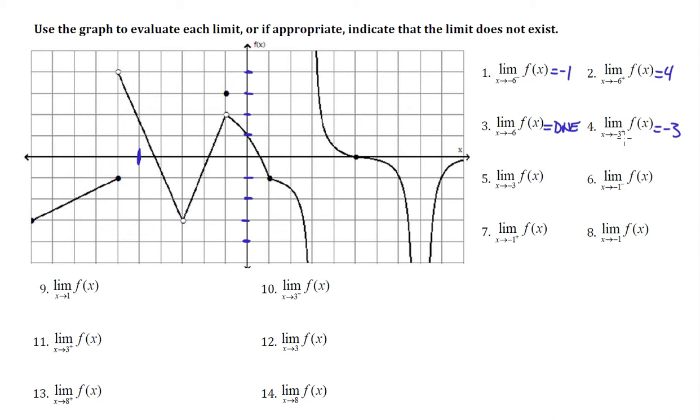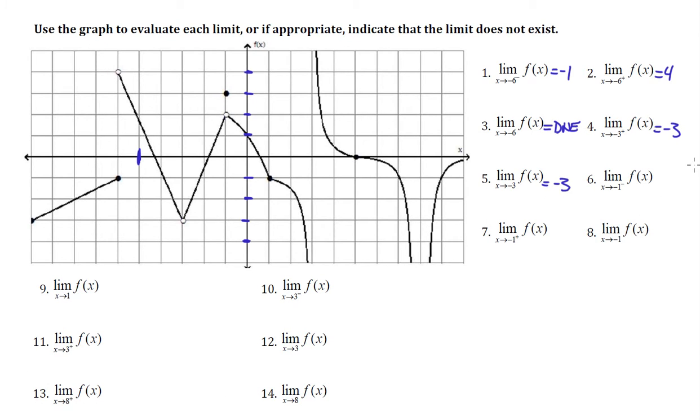It didn't ask us what's the limit as x approaches -3 from the negative side. So here's -3 from the negative side. It is also approaching -3. So since it's approaching -3 from the positive side and -3 from the negative side, the limit as x approaches -3 is -3 for the y value.